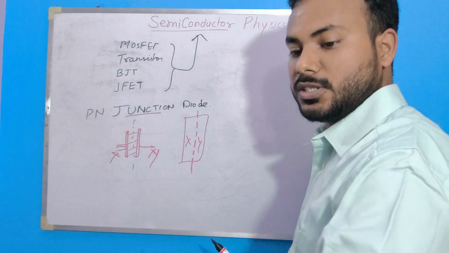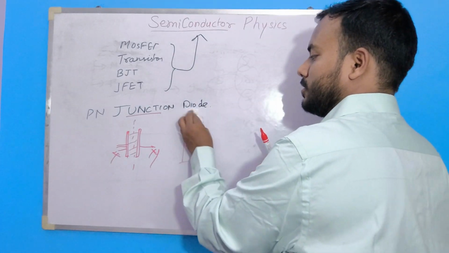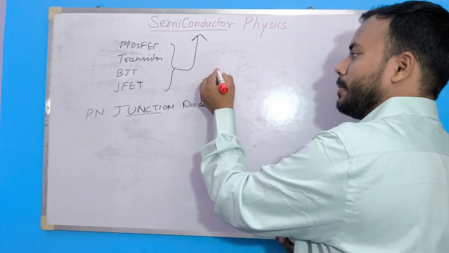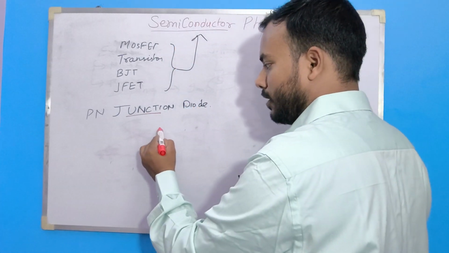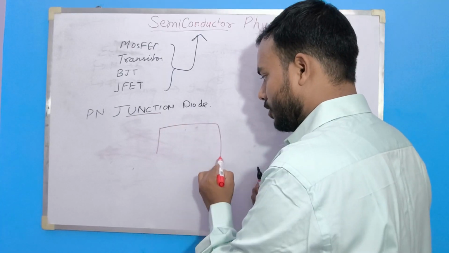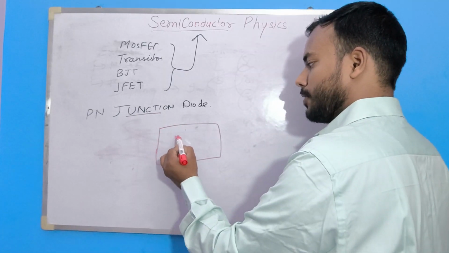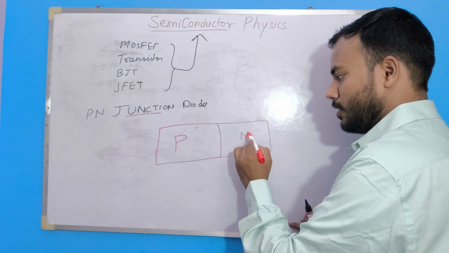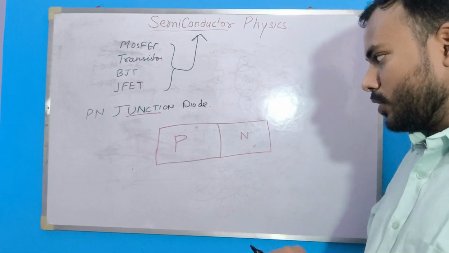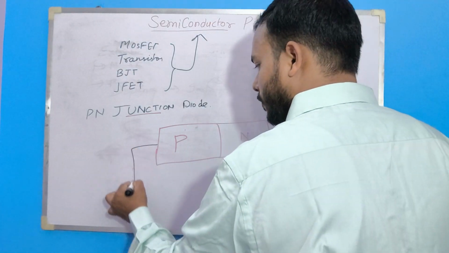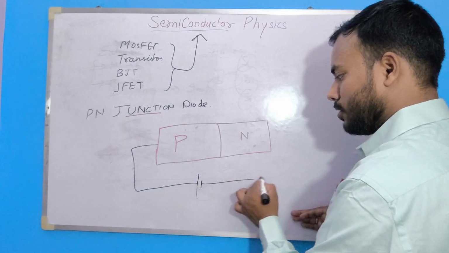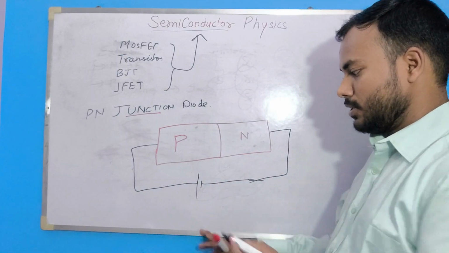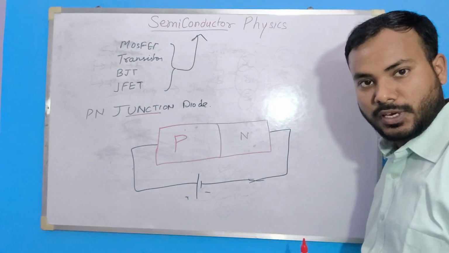So the PN junction diode also works the same way. As we know, p-type and n-type semiconductor, we will connect here. This is p-type and here is n-type semiconductor. Both semiconductors we have to connect, and here we apply a potential. This is the positive and this is the negative side of the battery.